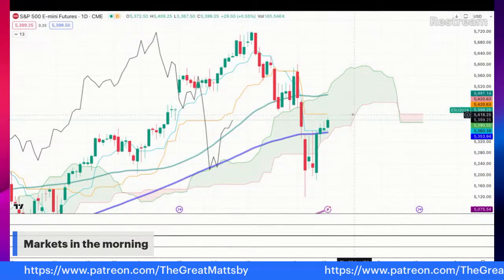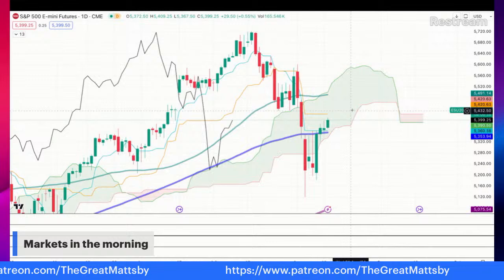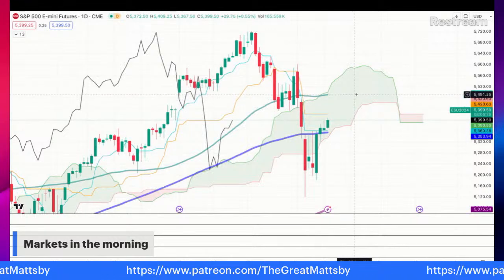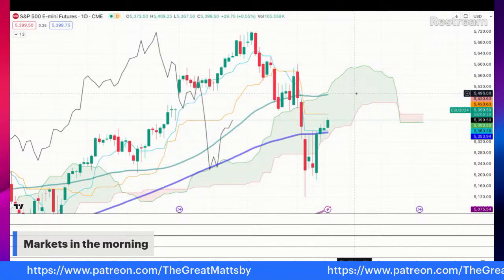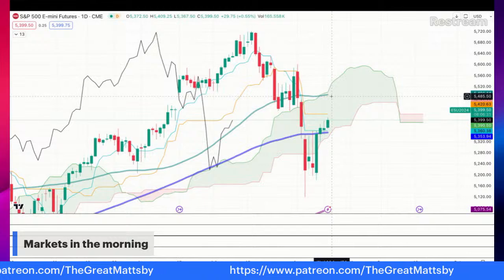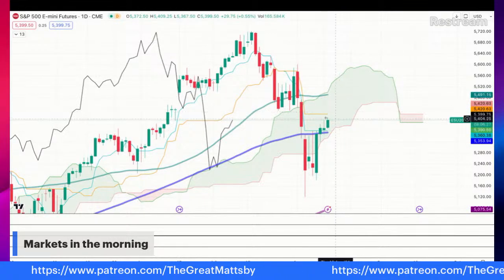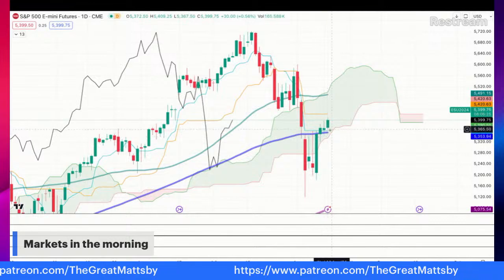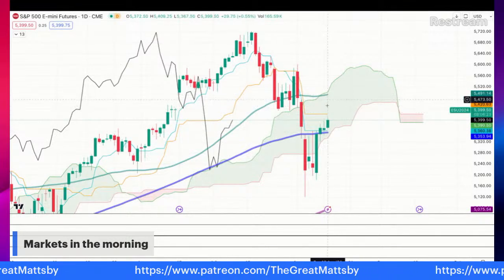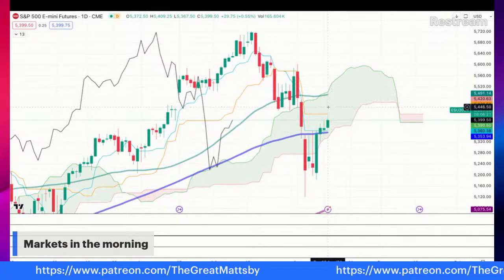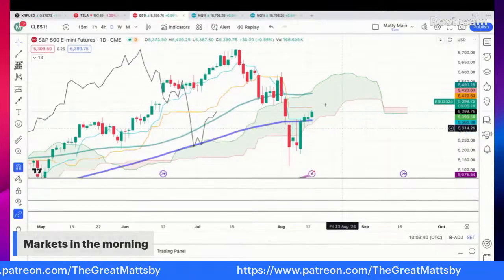So this has a possibility to continue a little bit higher, maybe even to the 5,450 or 5,500 level where this 50-day moving average sits. So it looks a little bit better than the Nasdaq just because it's already above this kind of resistance here, and it looks like it's already in the cloud, so it has some potential to go a little bit further.